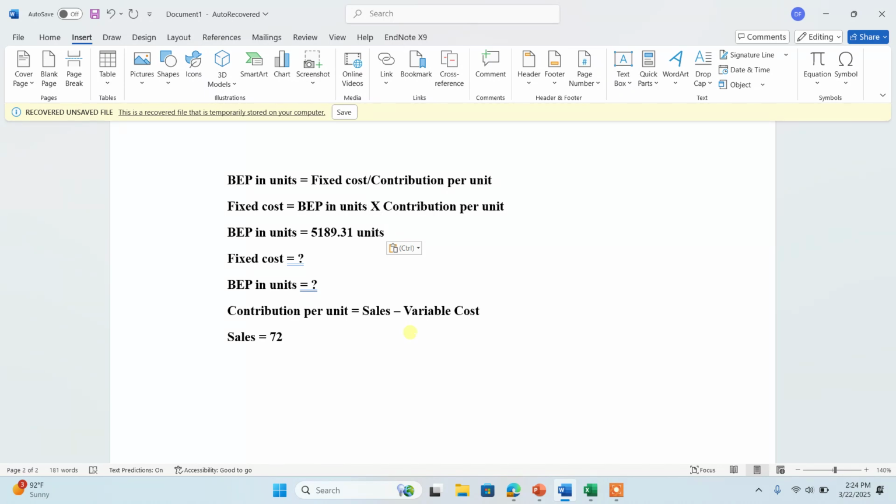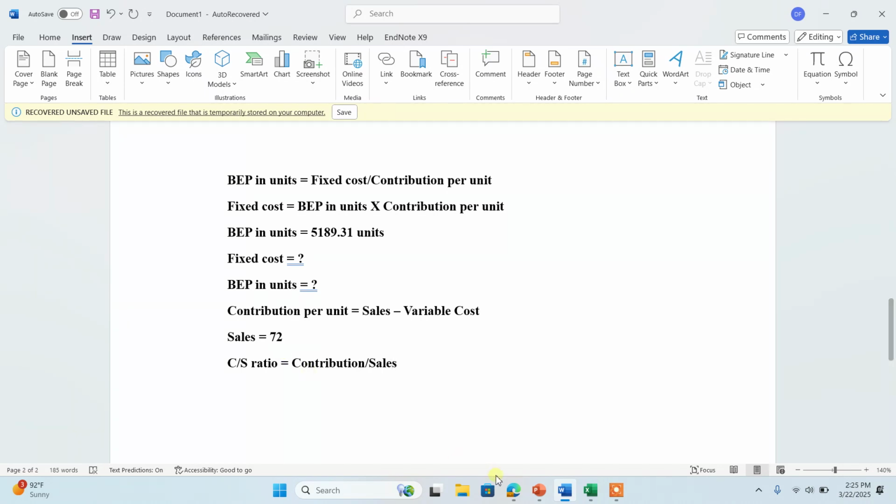So I got this portion. Now I need the contribution per unit. For contribution per unit, I need the sales and variable cost. I already have the value of the sales, but I don't have the value of the variable cost. If I check it, the contribution margin is already given. What was the formula of the contribution to sale ratio? The contribution to sale ratio formula was contribution per unit divided by sales.